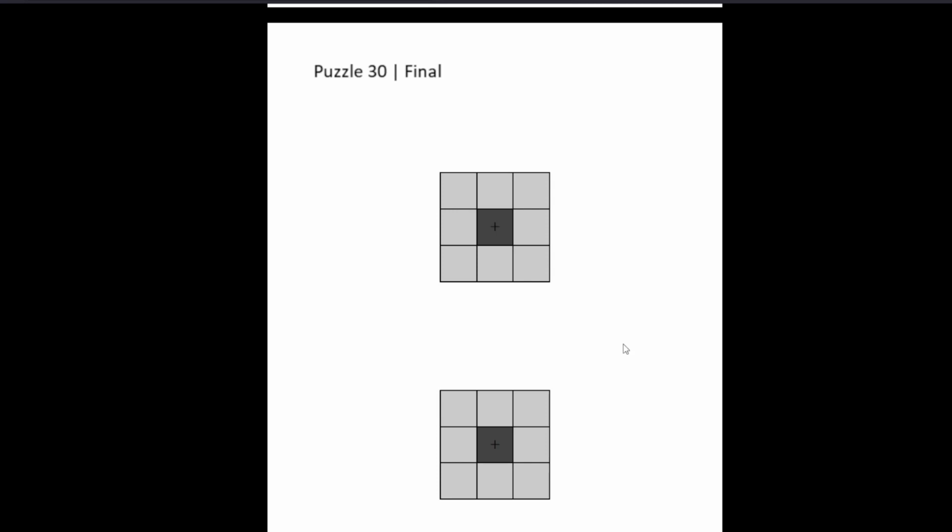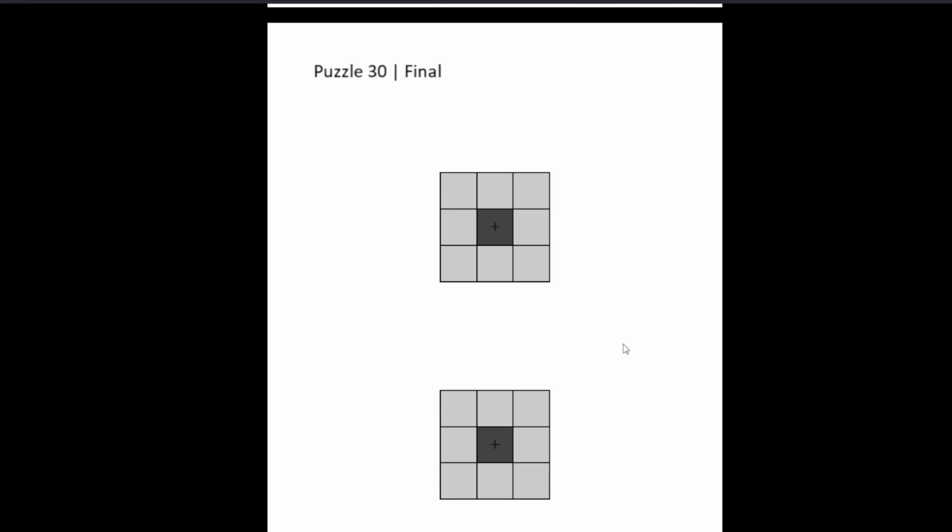So what it looks like to me is it's something like in a plus, the center must be black and the center must not touch the outside or something like that. Or everything must be part of a path or something. I don't know.